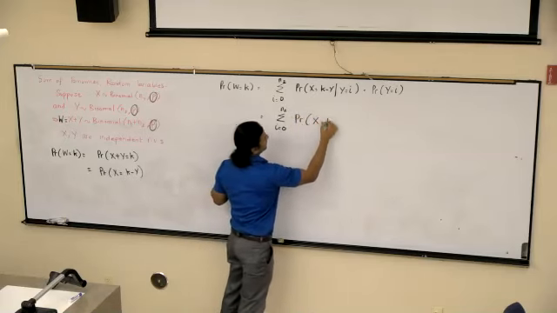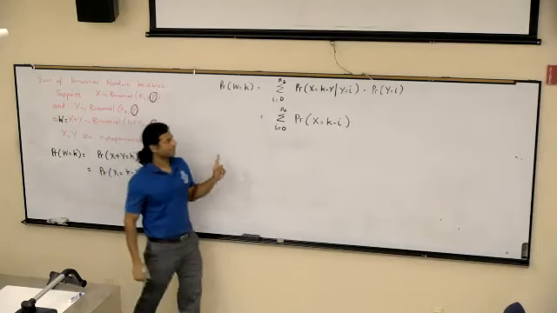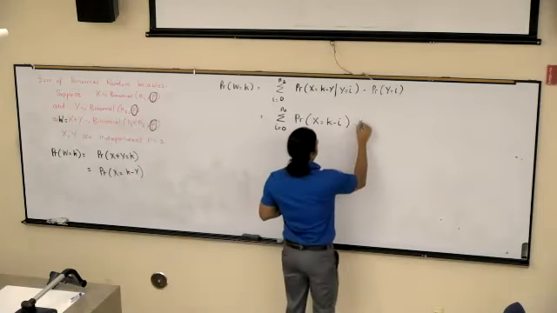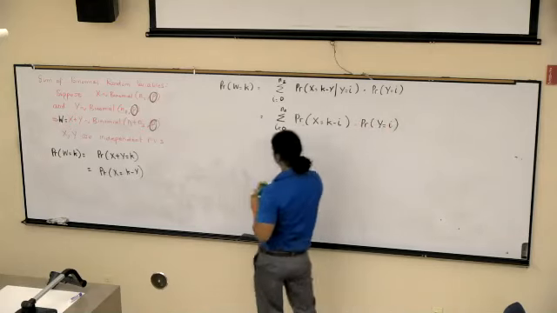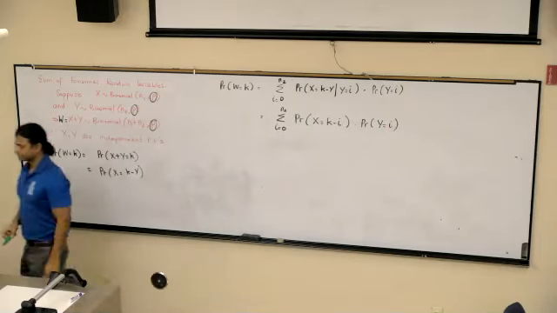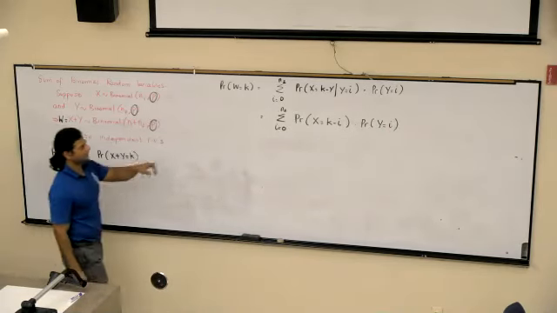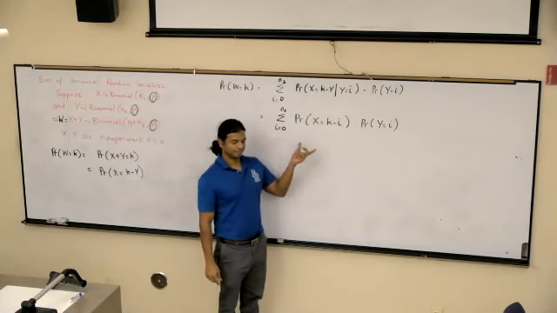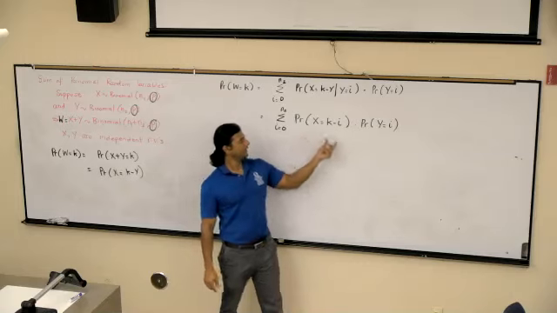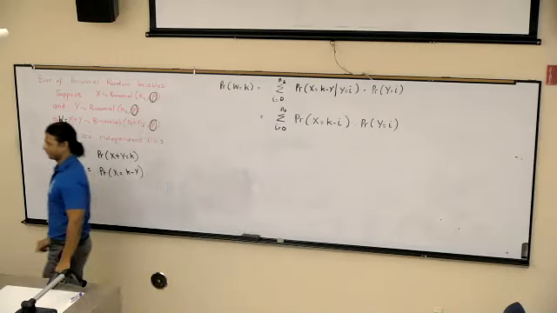X is equal to k minus i, multiplied by probability Y is equal to i. This is what I want you to do. I want you to take the PMF, plug in the value here, plug in the value there, and see if it simplifies.